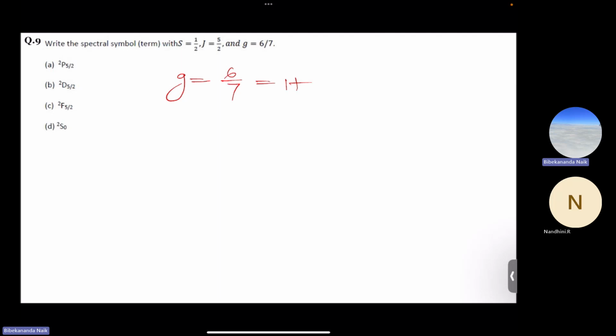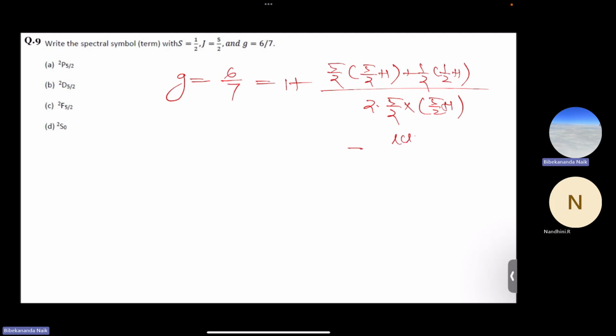So you will use the formula, but we will put the values of S and J because we don't know the value of L. It will be 5 by 2 into 5 by 2 plus 1 plus half into half plus 1 minus L into L plus 1, divided by 2 into 5 by 2 into 5 by 2 plus 1.